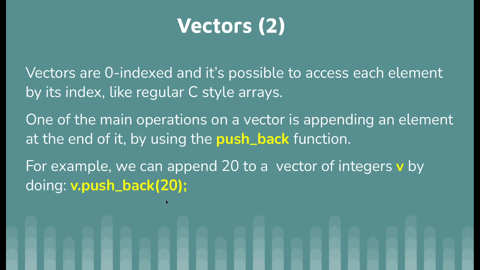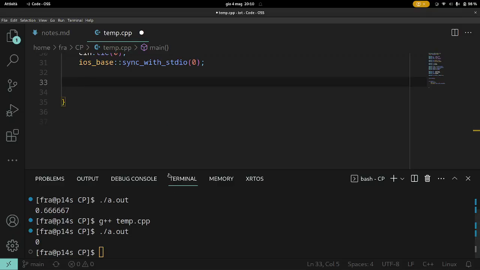Another thing about C-style arrays, I don't remember if it's the same in C, but when you define an empty array in main, by default it will have some random values. But if you define it in the global scope, it will have 0 by default. So if you write an array like this, all of these 30 elements will be random values.